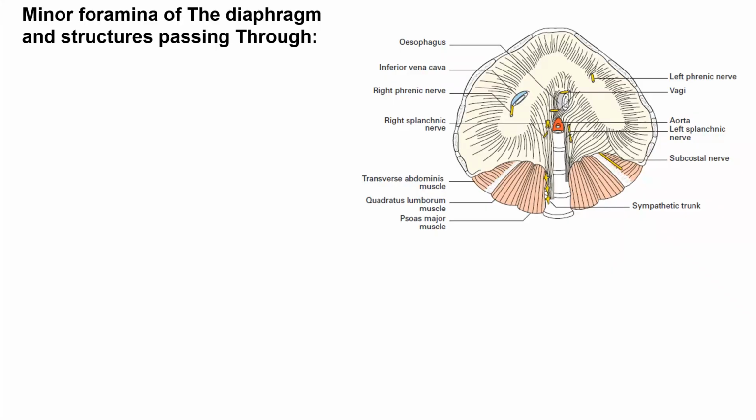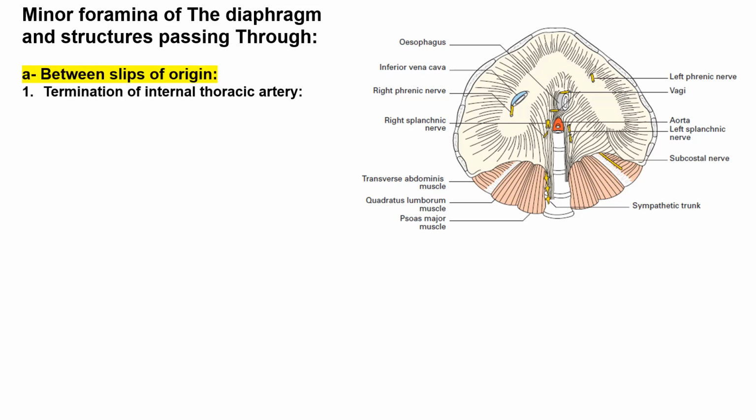The minor foramina of the diaphragm and the structures passing through them. Between slabs of origin at the sternal origin and at the costal origin, between the muscle slabs here, we can see the lower 5 intercostal nerves coming to supply the anterior abdominal wall.